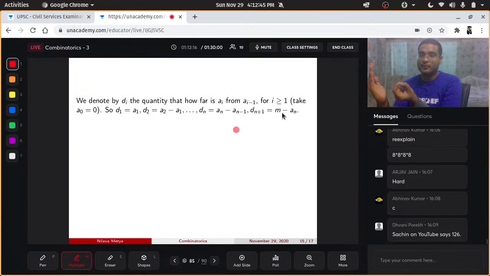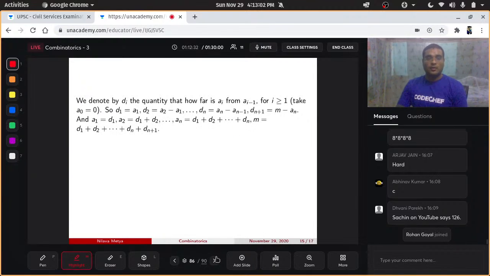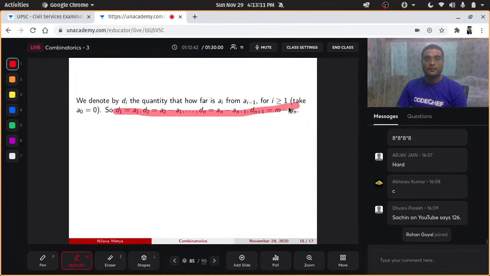I can maximum go up to M, right? So I have An here, and I can go further till M, a distance of D(n+1). That is the distance I'm getting. All right. Now, if I have these Ais, I can find the Dis.